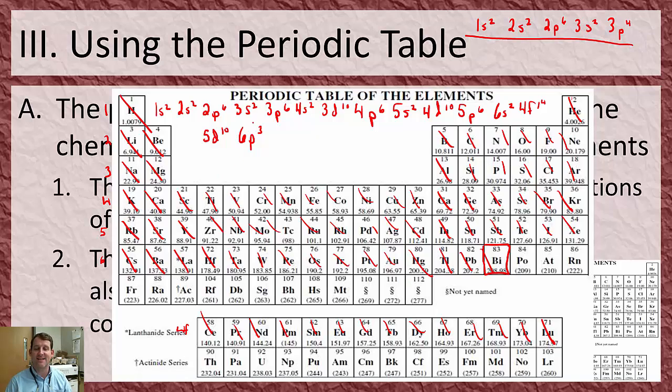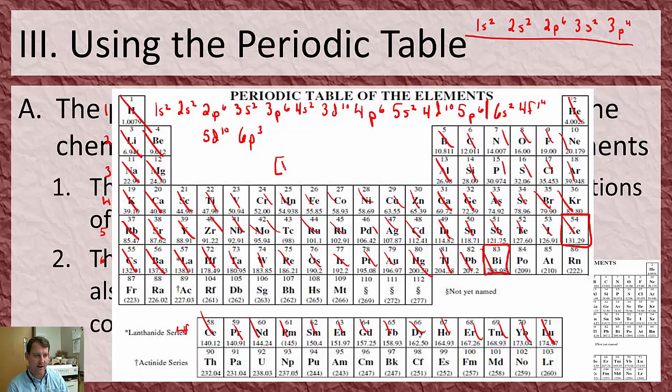Now there is a slightly easier way to go. You can do a simple notation and start with the noble gas directly below on the row above where you want to be. So for bismuth, instead of writing all of this up to right here, I can do it this way.